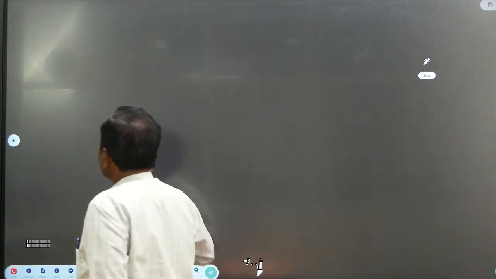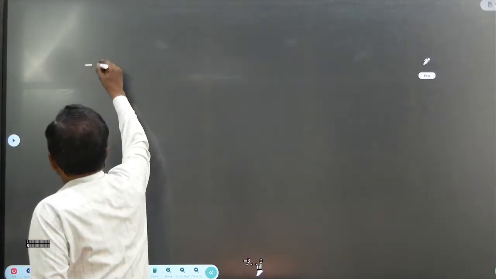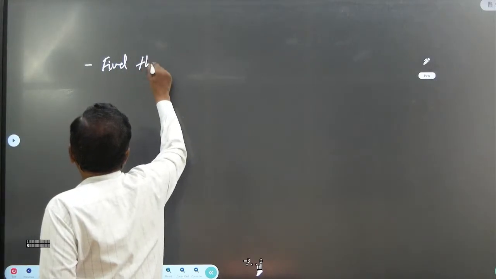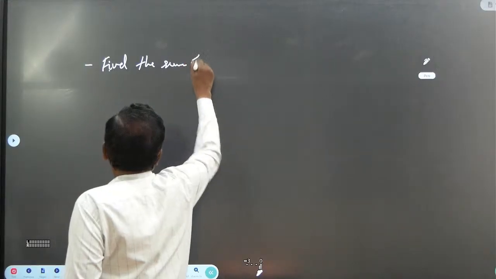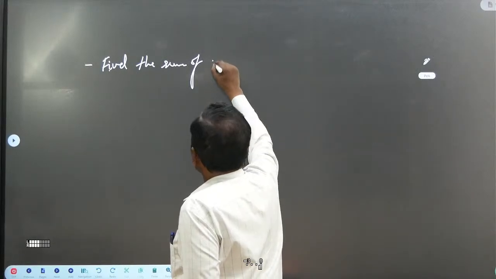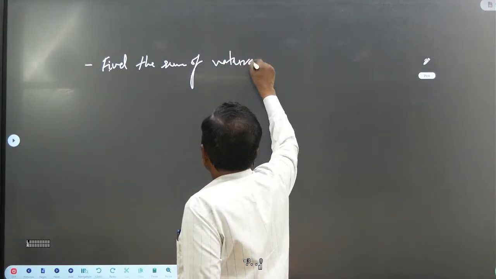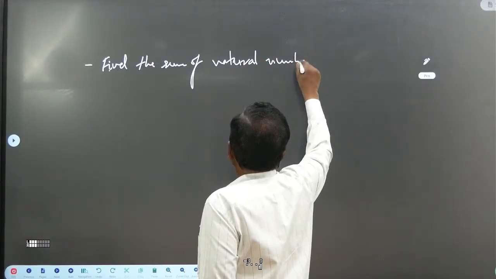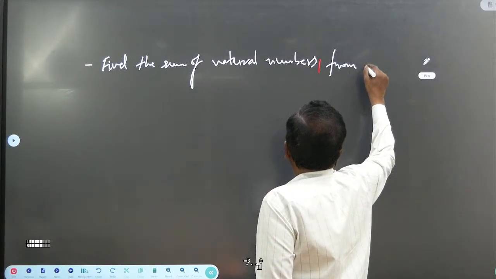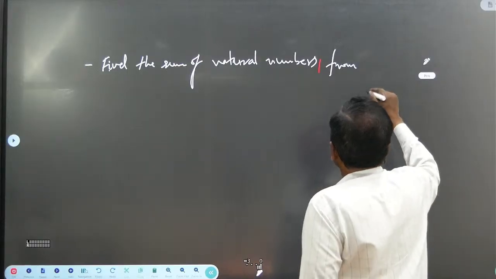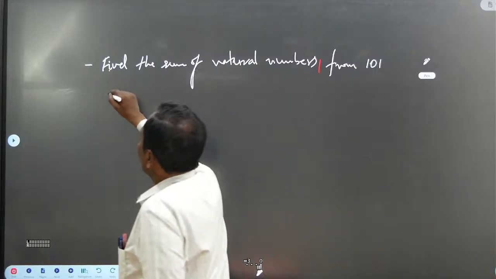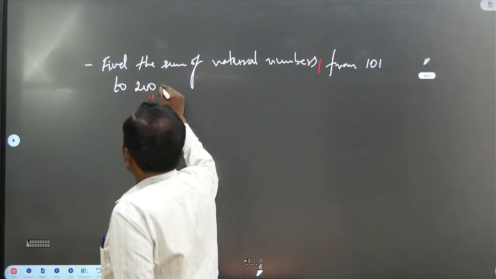And now we can see, find the sum of natural numbers from 101 to 200.